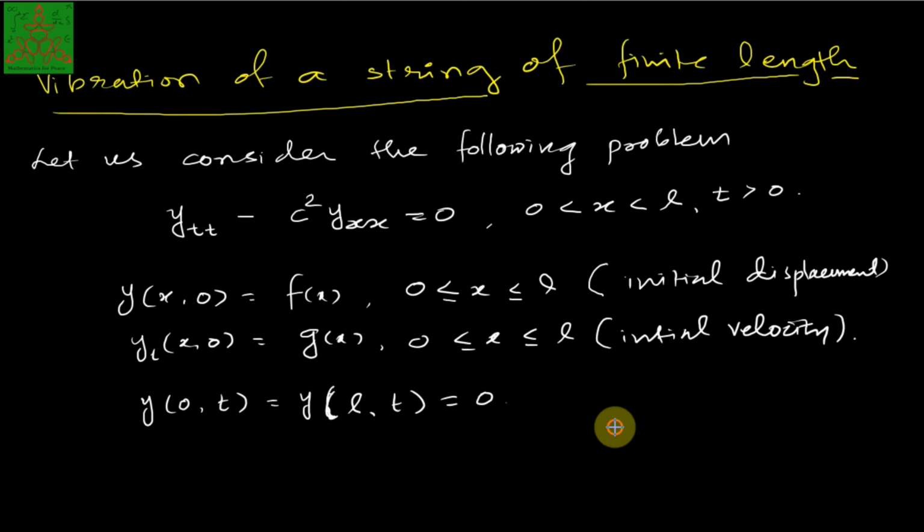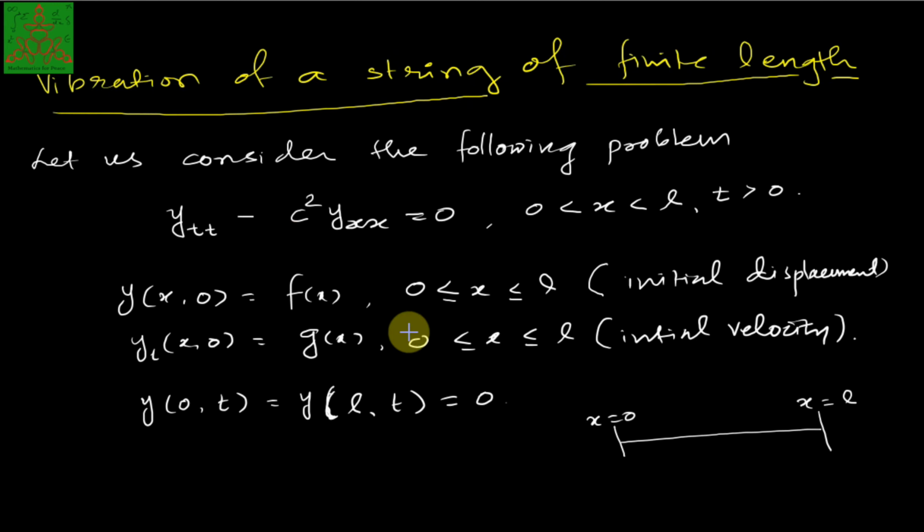That means we have a string which is attached at the two ends. The length of the string we consider as L, starting with x equal to 0, and this point is x equal to L. We fix both ends, and we have already arrived at the governing equation of the motion of this vibrating string, which is ytt equal to c square yxx.